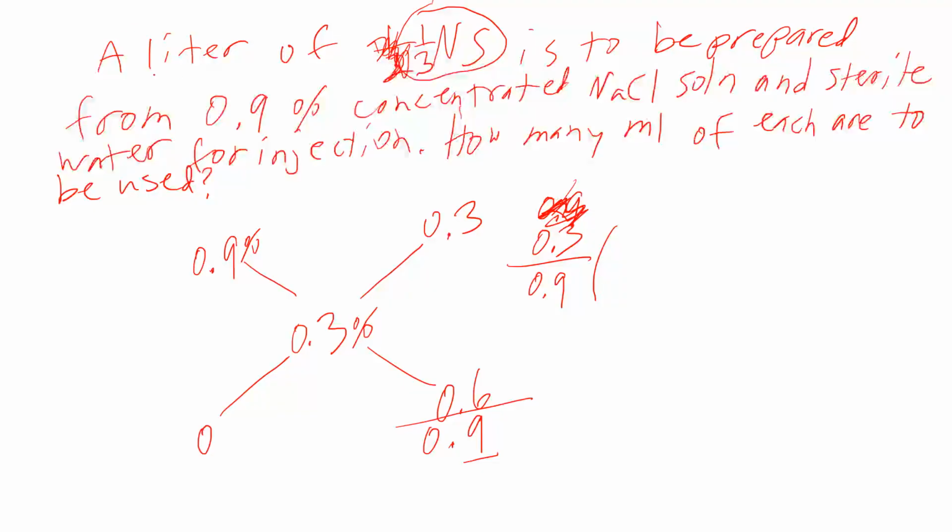A liter is 1,000 milliliters. So the total would be 333 milliliters of the 0.9%.